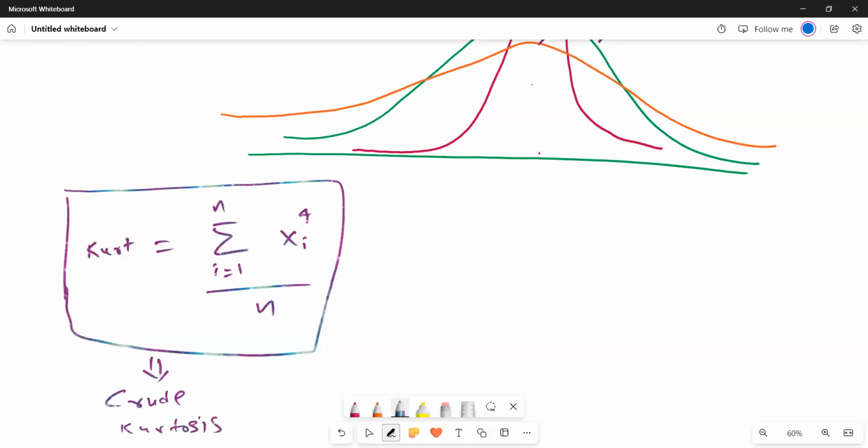It can be transformed to centered by simply subtracting each data point from the mean of the data, taking the 4th power, and dividing it by n. This will go from 1 to n. So this is your centered.